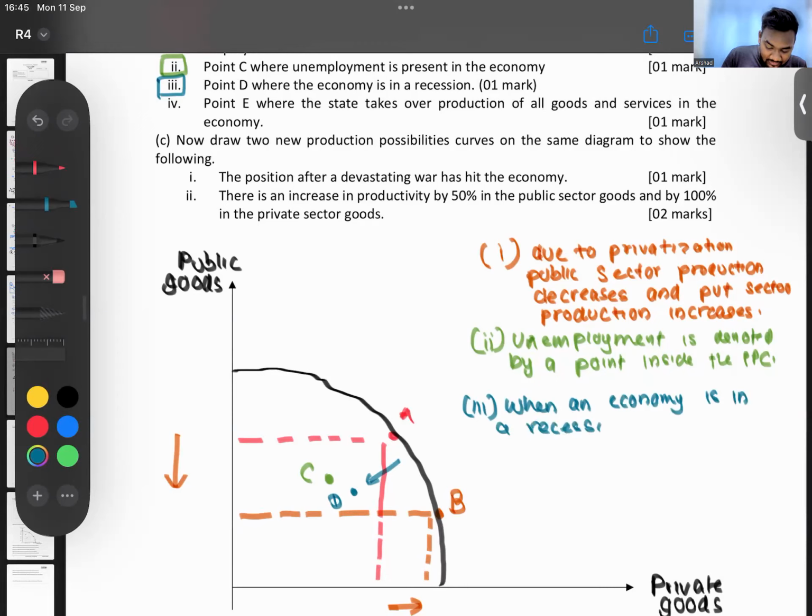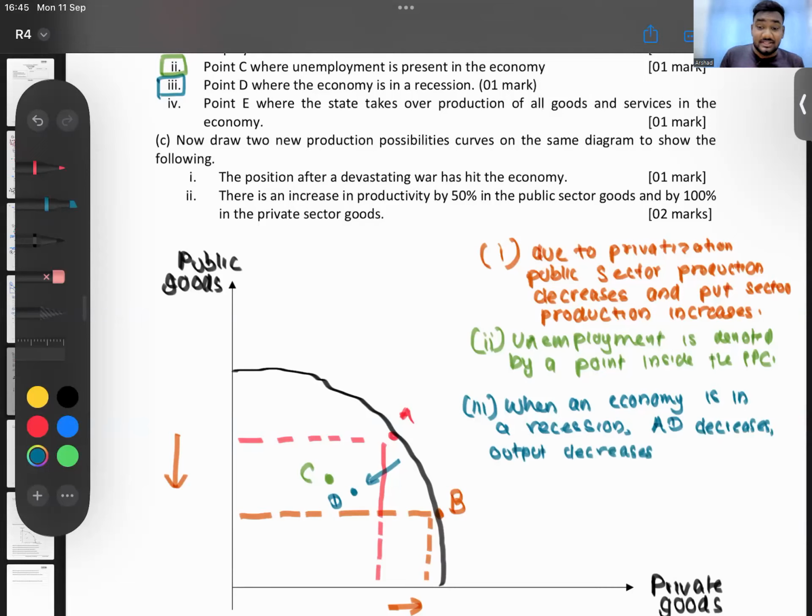Recession, aggregate demand, I'll say AD, aggregate demand decreases, okay, output decreases. I'll say output decreases.